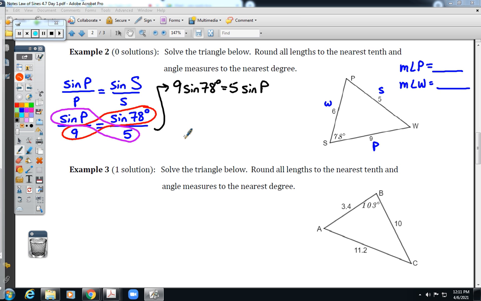How do we solve for our variable here? What do we do? Divide by 5. Good. That's step 1. That gives us the sine of p is 9 times the sine of 78 degrees divided by 5. Now how do we get p by itself? How do we get rid of sine?